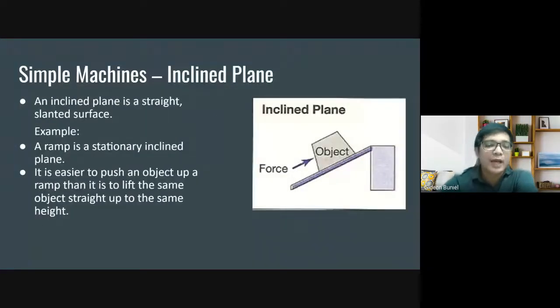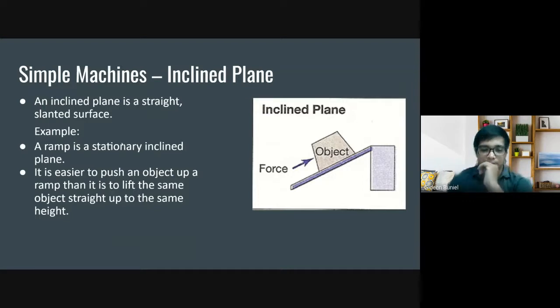Now, an inclined plane is a straight slanted surface. We have discussed it a while ago, right? An inclined plane is a straight but slanted surface. The only difference is that it's slanted.